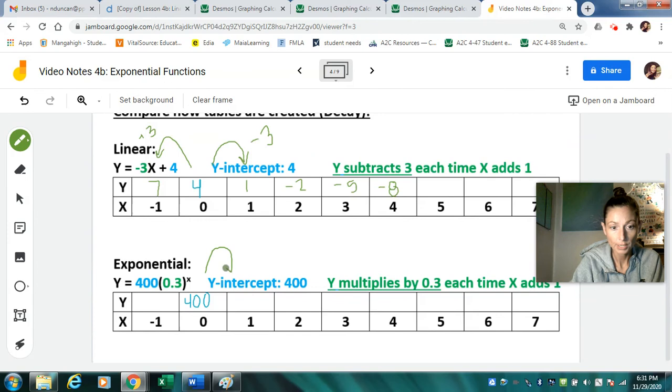So I take 400 and I multiply it by 0.3. So 400 times 0.3 is 120. Times 0.3 is 36.